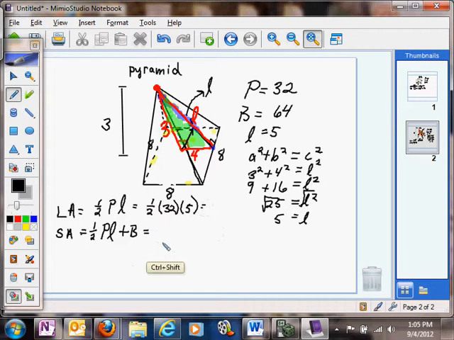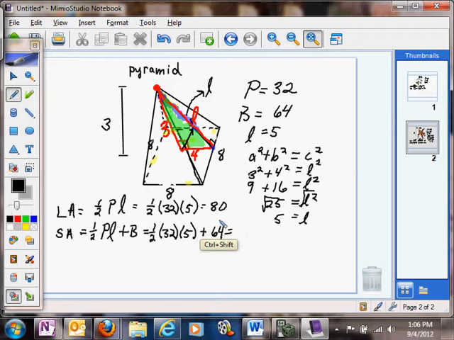Down here I have 1/2 times 32 times little l, which is 5, plus big B, which is 64. Since my calculator is not working, I'm going to do this by hand. 1/2 times 32 is 16, and 16 times 5 is 80. So my lateral area is 80.